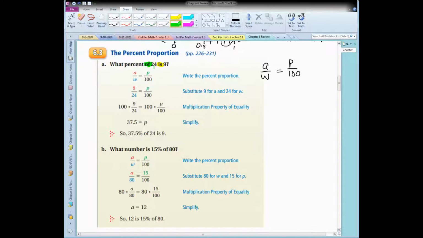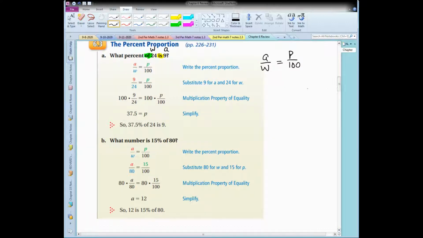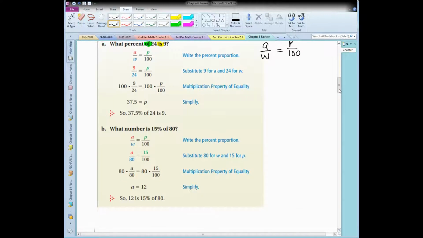The number that's by the word of, that is going to be your whole. The number that's by the word is going to be the part.